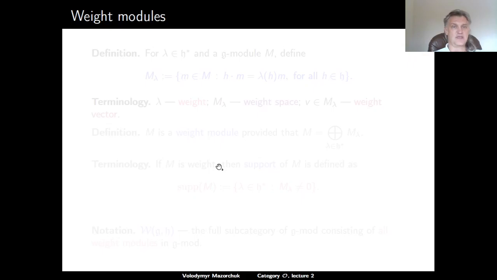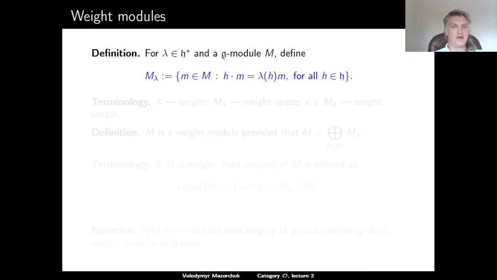Let's start with a brief discussion of weight modules. For an element lambda in the dual space of the Cartan subalgebra, and for any G-module M, denote by M_lambda the set of all elements m in M having the property that each element h from our Cartan subalgebra H acts on m via the scalar lambda(h).